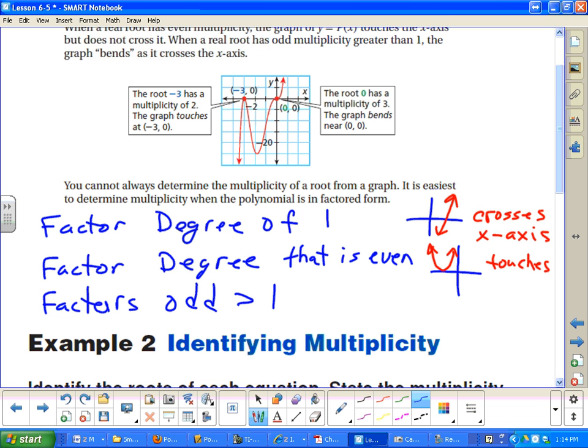Then do x to the 5th power. Looks just like it, right? So anytime that its factor is odd and greater than 1, then the graph is going to look like this.